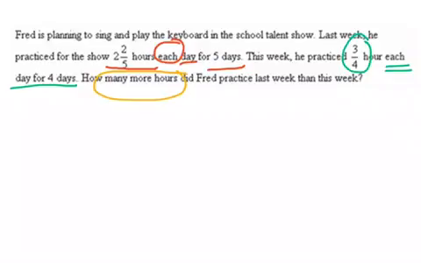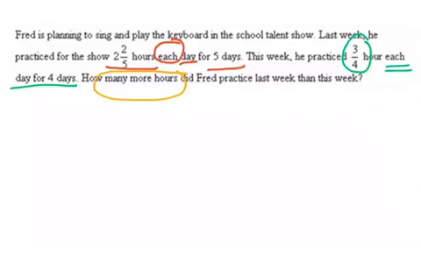Well, if we go back and look at some of our key words, each is located under multiplication, as each group. Each by itself can also mean multiplication. And then we have our "how many more hours." We see that under subtraction. So we know we're going to use multiplication and subtraction to solve this problem.